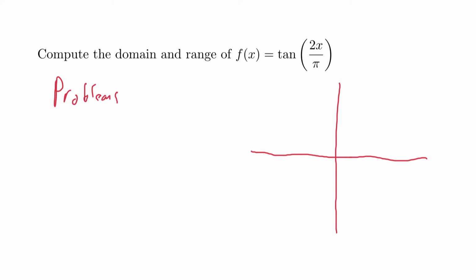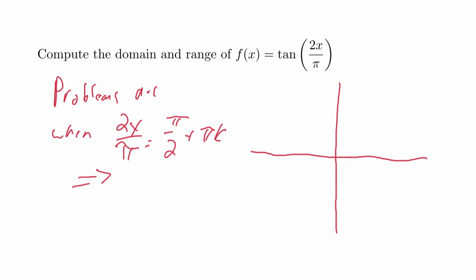The problems are when 2x over pi equals pi over 2 plus pi k. These are the places when tangent's not defined, when I have these asymptotes. So now I just need to figure out what values of x will lead to this problem. So it's just a simple algebra computation. I'll divide by 2 and multiply by pi.